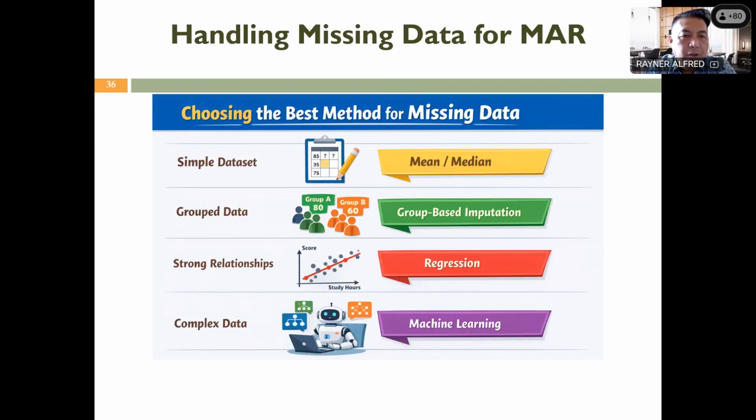Okay, so choosing the best method for missing data. If you have a simple dataset, use median and mean. If you have grouped data, then you can use group-based imputation. So this is missing at random normally.